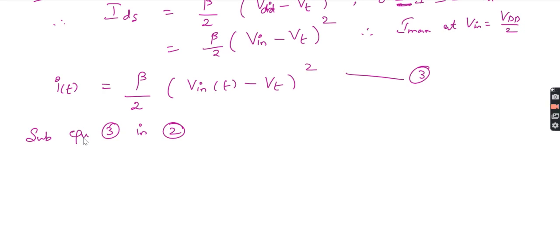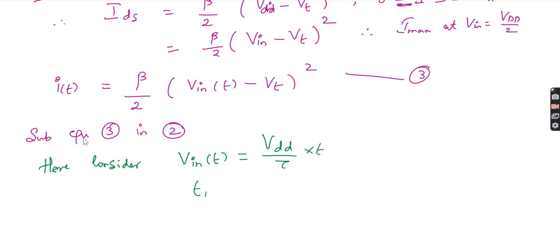Let us consider something: Vin of t will be equal to VDD by tau into t.